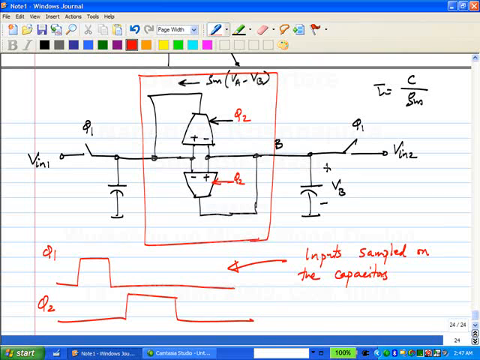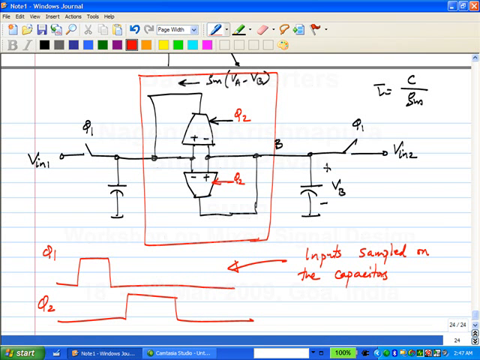You want them to operate only after you sample the inputs and the inputs are safely held on those capacitors, that's when you want these two current sources to do their thing. In other words, they should be activated only for some time, after phi 1 has gone low. Is that clear?